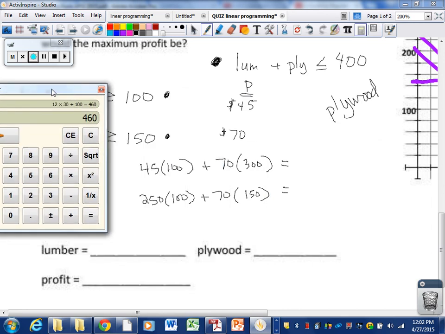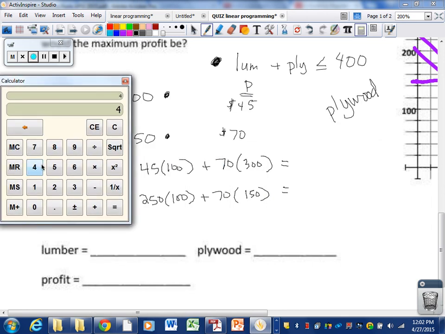Let's move it over here so we can see what we're doing. 45 times 100 plus 70 times 300. So if we make this amount, we could earn 25,500. Or if we do the other way, 250 times 100 plus 70 times 150, we would make 3550.